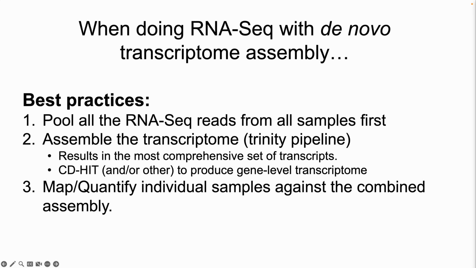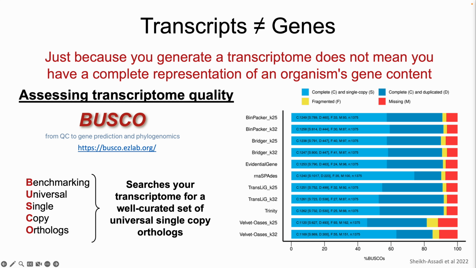Okay. How do you know if it's any good at the end of the day? The tool is called BUSCO, which stands for Benchmarking Universal Single Copy Orthologs. This is a very well curated set of genes that we know exist in single copy across everything where we've got well annotated genomes. And that grows weekly.